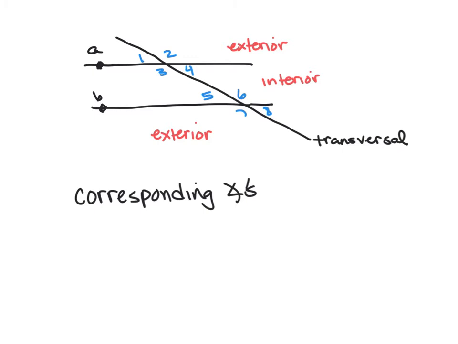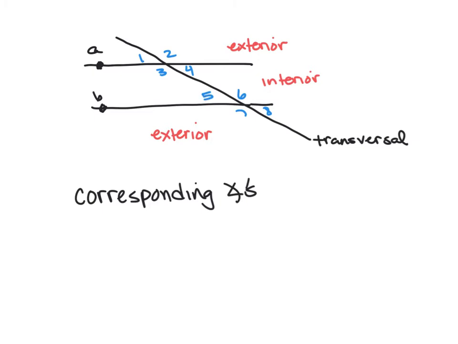Corresponding angles lie on the same side of the transversal and on the same side of A and B. As an example, angle 1 and angle 5 are both to the left of the transversal, and both above A and B respectively. So angle 1 and angle 5 would be congruent to one another.